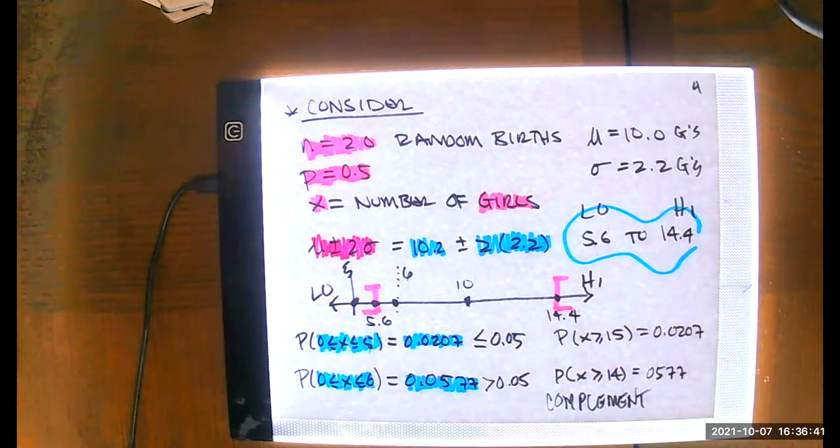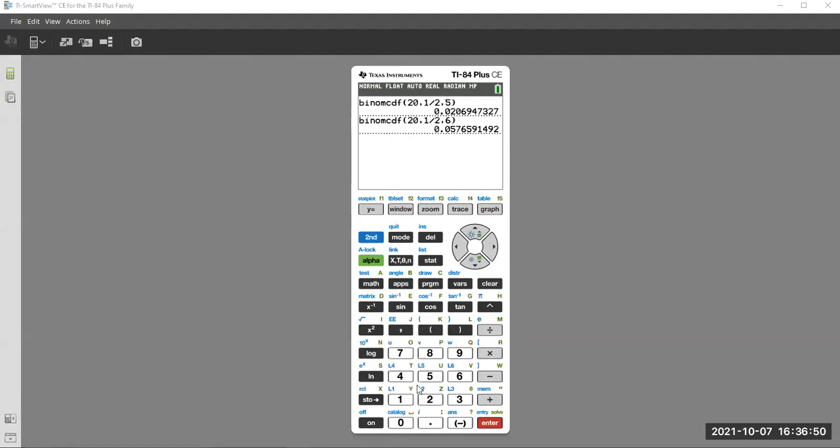And again, I have a number of videos that demonstrate this, and you'll be able to watch this one too. So I want to find the probability of 15 or more.